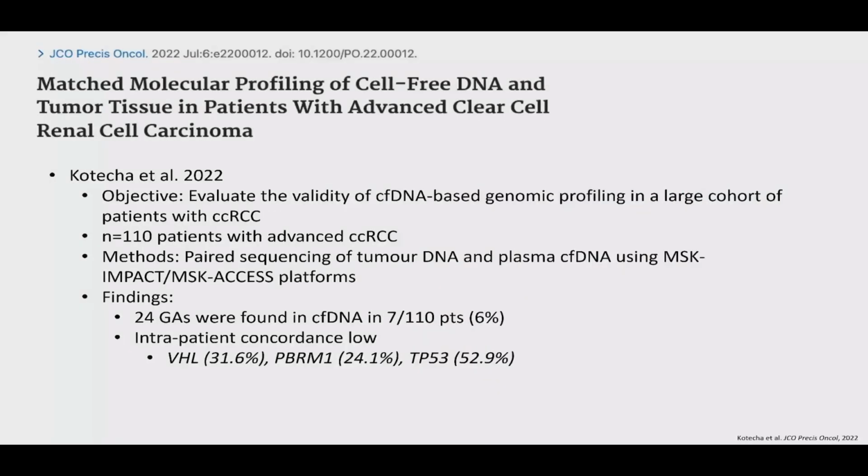This study from Cochetta and colleagues looked at how well plasma ctDNA can recapitulate primary tumor genomic alterations in patients with advanced RCC. The study included 110 patients with advanced RCC that underwent sequencing of tumor DNA and ctDNA specimens.